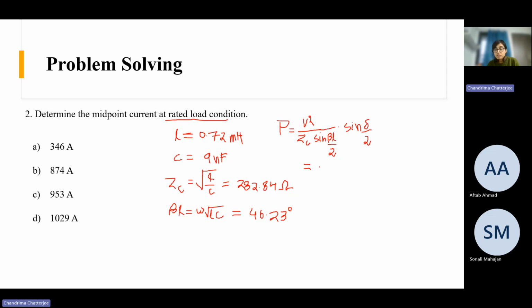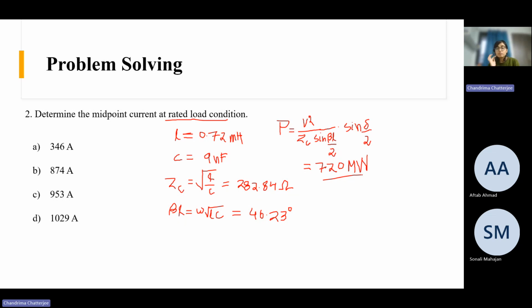So this is coming 720. But this is in megawatt, remember, because V was given as 400 kilovolt, so V square will give 10 to the power 6. So this is in megawatt.